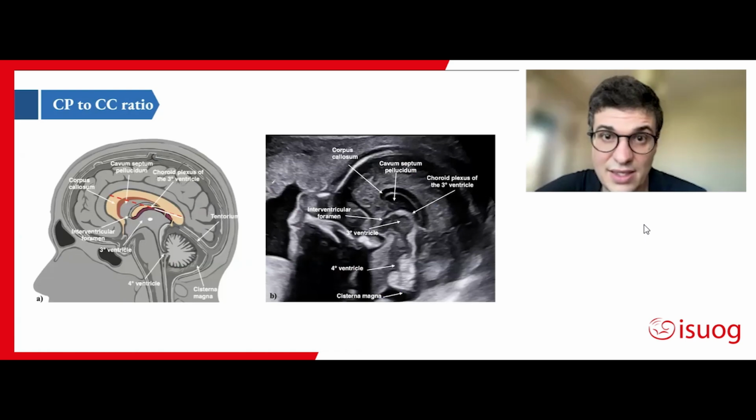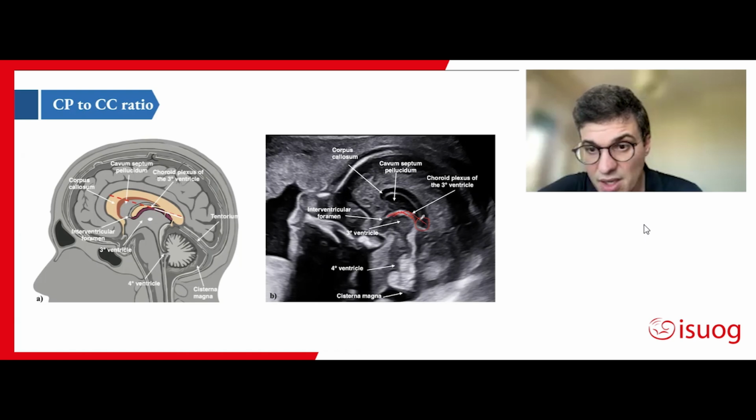And this is another study we did in order to look for other signs which can increase the diagnostic accuracy of ultrasound in detecting partial agenesis of the corpus callosum, which is the distance between the choroid plexus of the third ventricle, which is this structure here, and the splenium, or the distal part of the corpus callosum. In normal cases, can you see that the most prominent part of the choroid plexus is before the splenium of the corpus callosum.